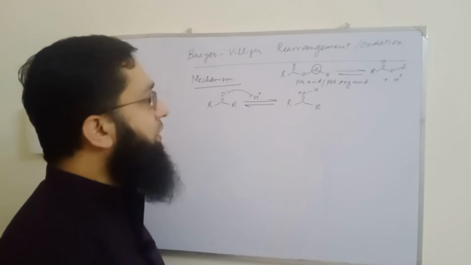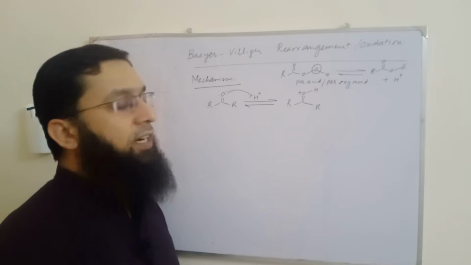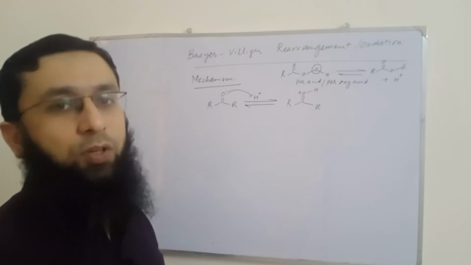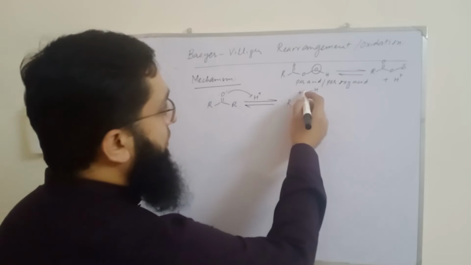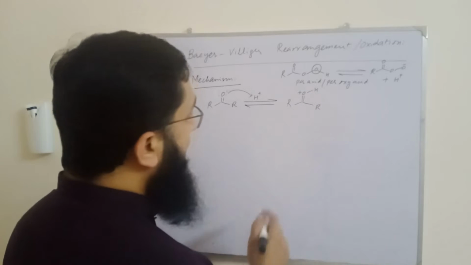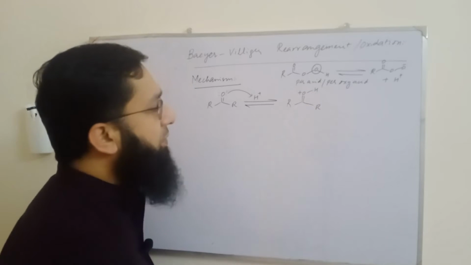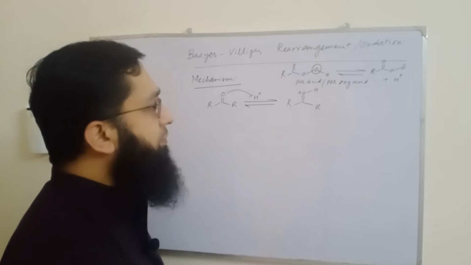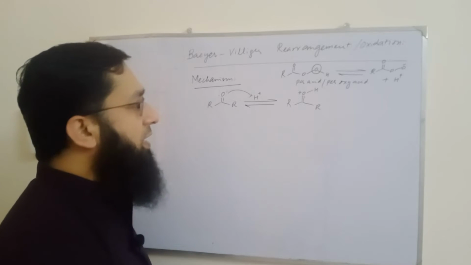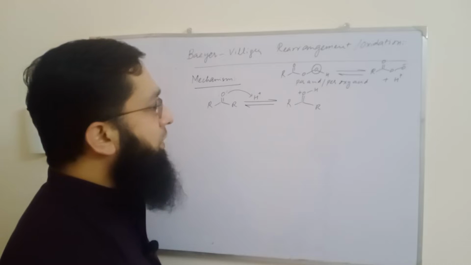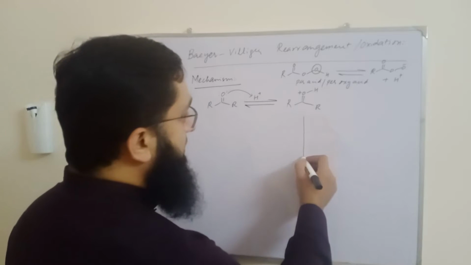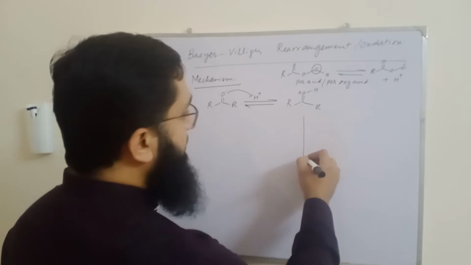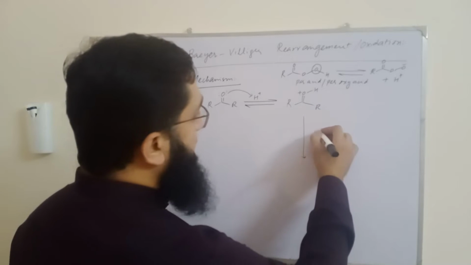And we know that when in neutral state an atom loses or gives away its lone pair, it gets positive charge. When an electronegative atom gets a positive charge, it becomes more electronegative. Its tendency to pull electrons from the neighboring atom becomes greater, and as a result this becomes more electrophilic.